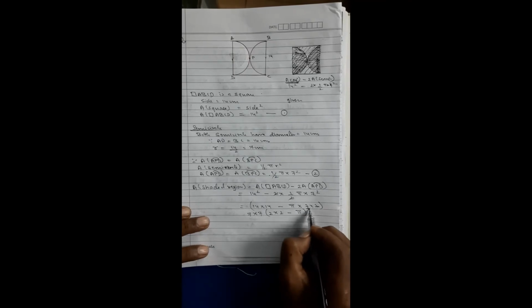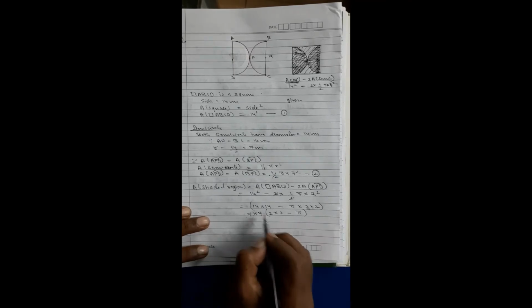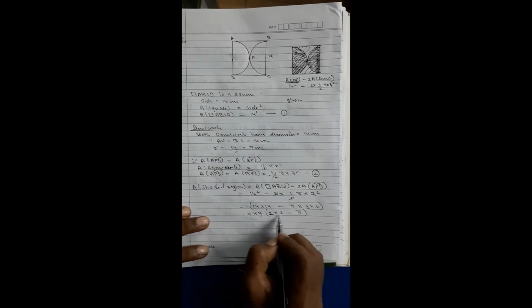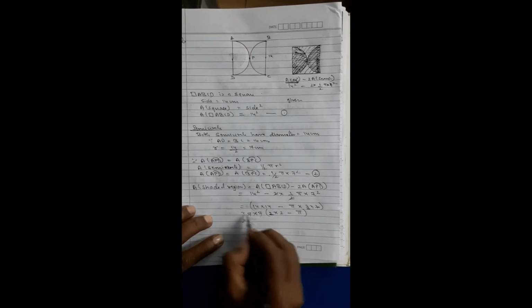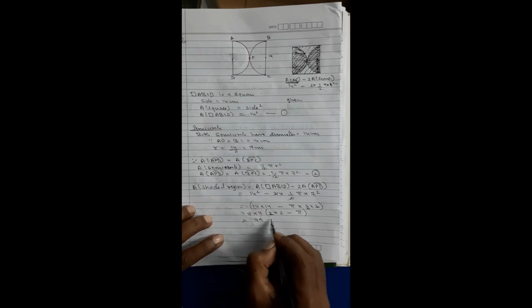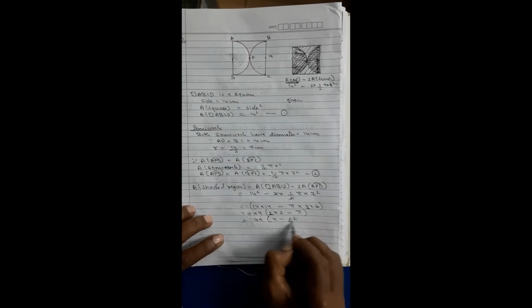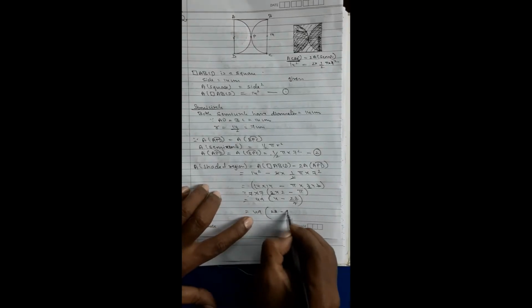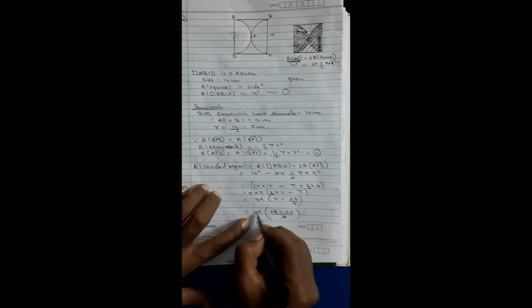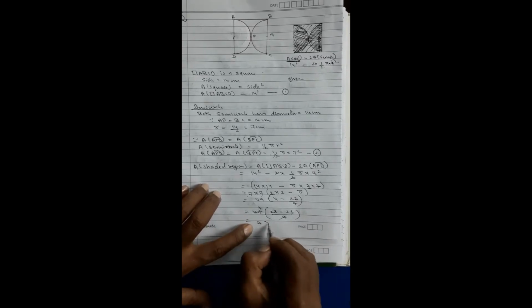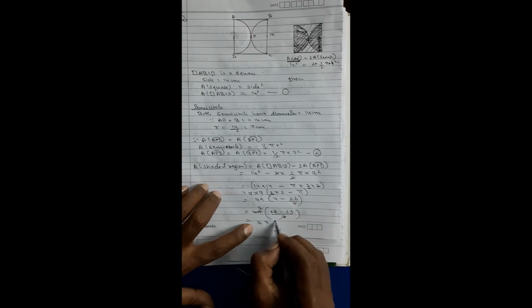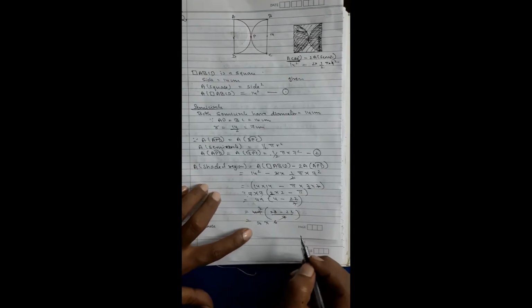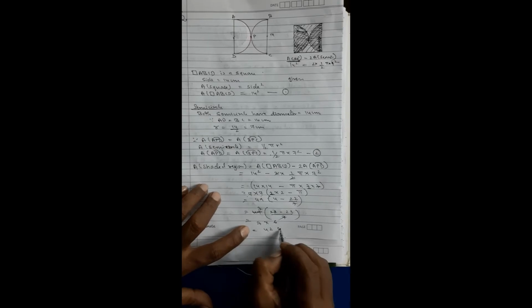I hope you are getting this. This one 7 goes out, 7 2s are 14, 2 comes, another 7 goes out, 7 2s are 14 minus pi. This will become 49 into 4 minus 22 upon 7. So this will become 49 into 7 4s are 28 minus 22 upon 7. This will cancel, 7 7s are 49. 7 into 22 minus 28 will give you 6.